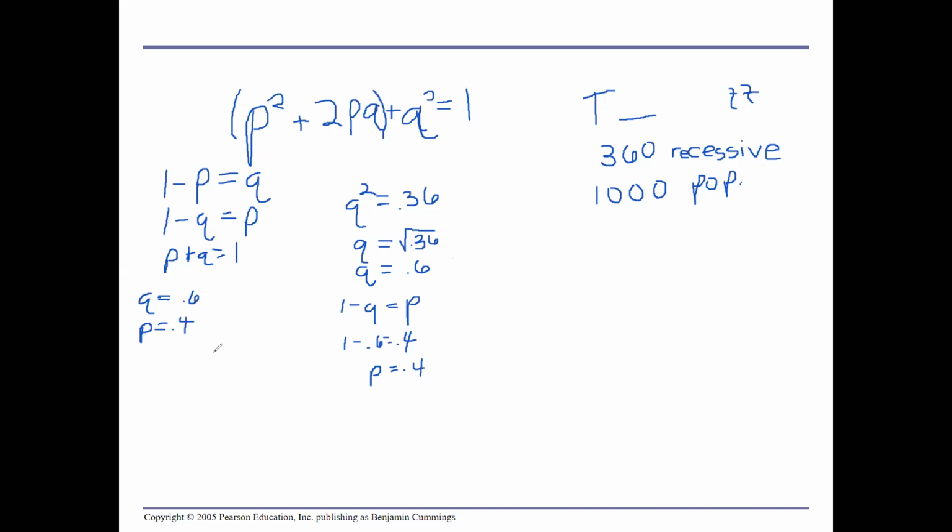And now I want to know, how many are homozygous dominant? That's P squared. Listen to me, P squared. Let me erase this.